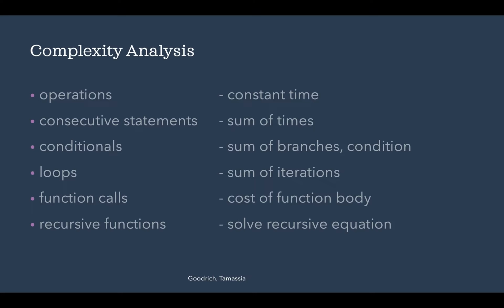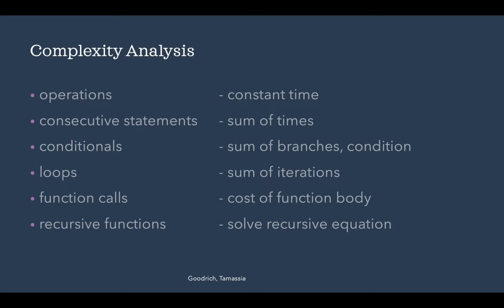Loops: you find the number of iterations, how many times the loop is executed. Then function calls. If inside a program you are calling some other function, the time complexity of that function is also added to the time complexity in the calling environment.